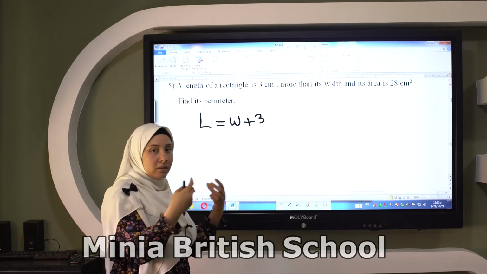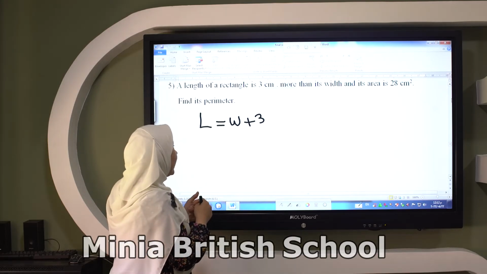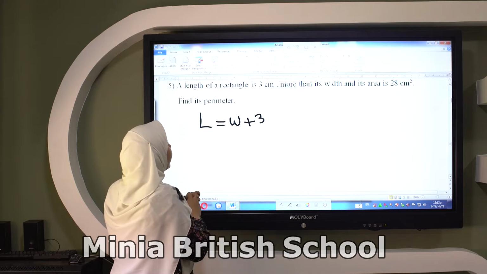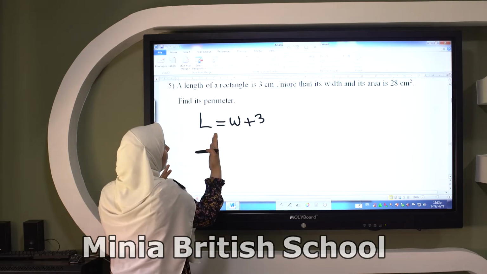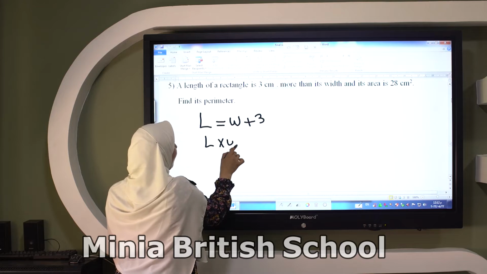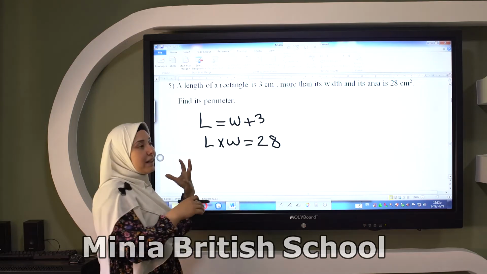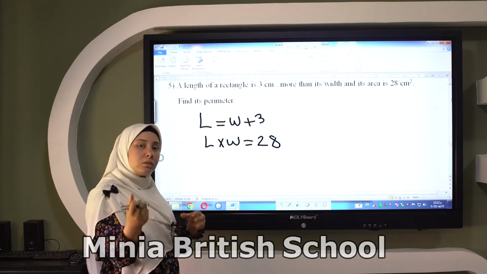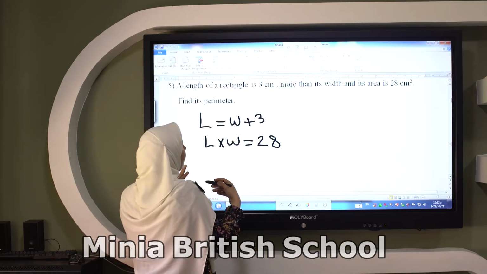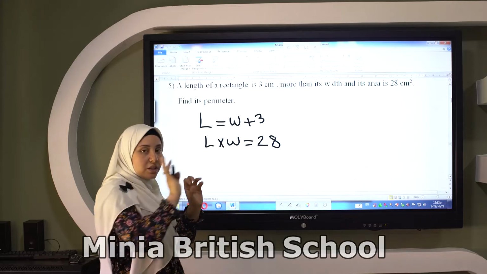And its area equals 28. So length times width equals 28, where the length L equals width plus 3.